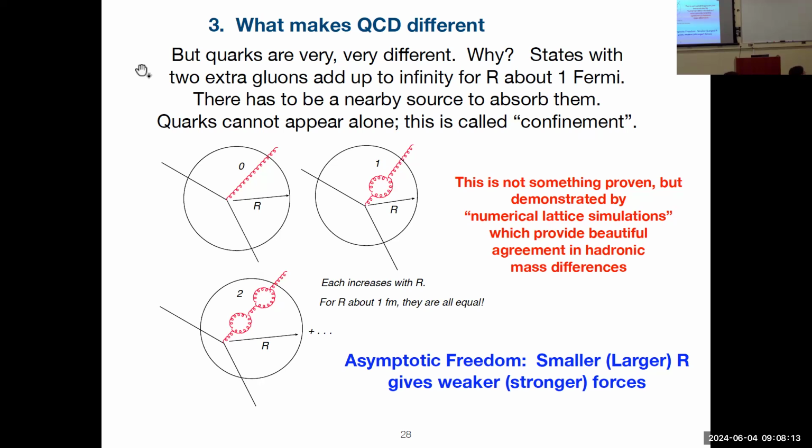So if we want to get a distance for 1 eV, we multiply this by 200 MeV, or 2 times 10 to the 8th. Then we'll be left with 1 over an eV. So you say, oh, 10 to the 8th Fermi, how big is that?